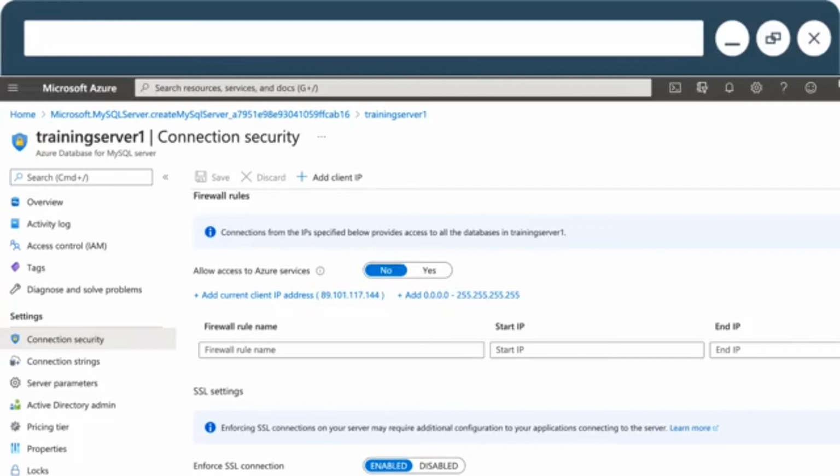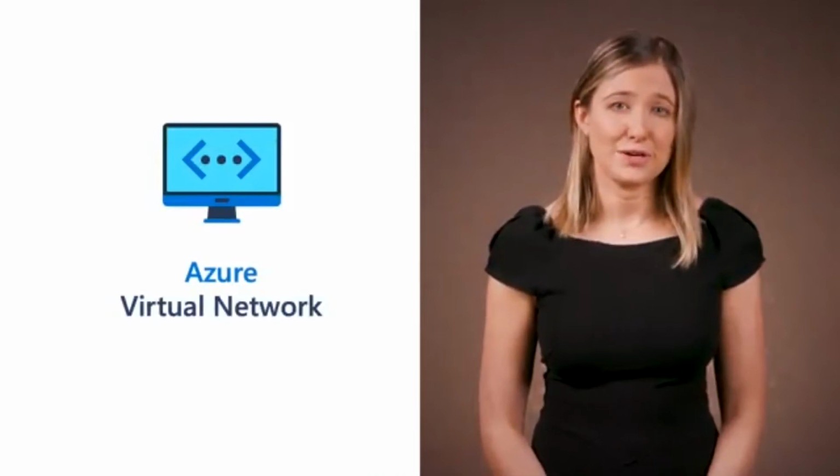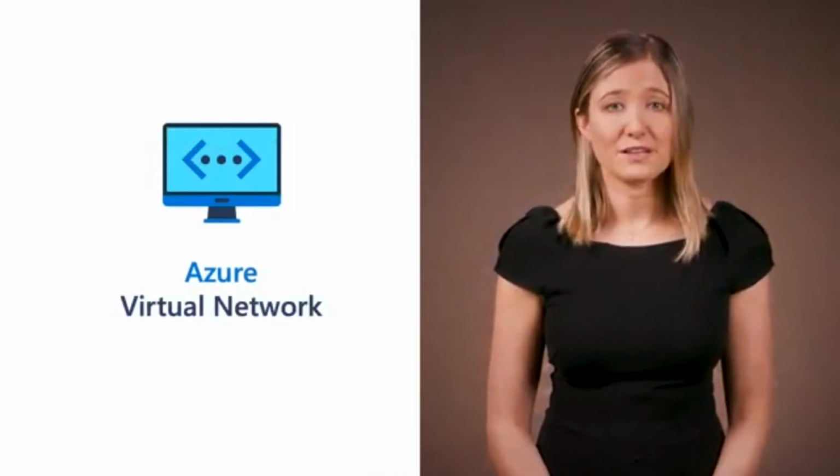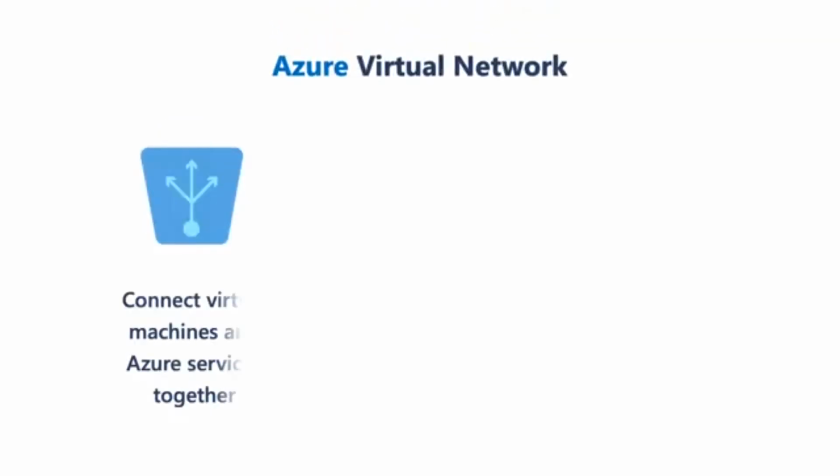From the database page in the Azure portal, select Connection Security and then configure the firewall rules and access to the Azure service. It's important to note that an Azure Virtual Network is a representation of your own network in the cloud. A virtual network enables you to connect virtual machines and Microsoft Azure services together in much the same way that you might use a physical network on premises.